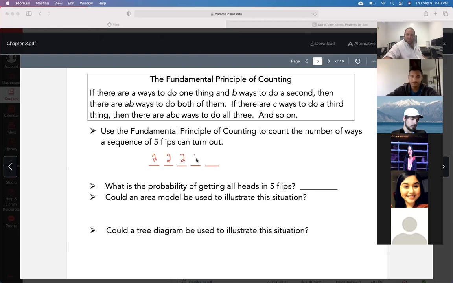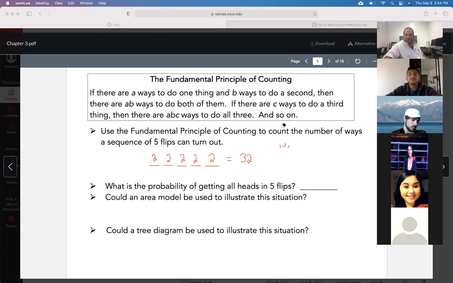The fourth? 2. The fifth? 2. So you don't just multiply 5 times 2. You multiply 2 times 2 times 2 times 2 times 2, which gives you what? 32. 32 different outcomes.